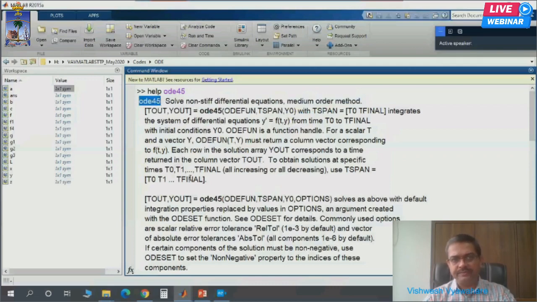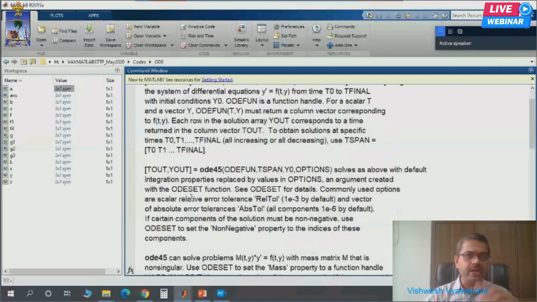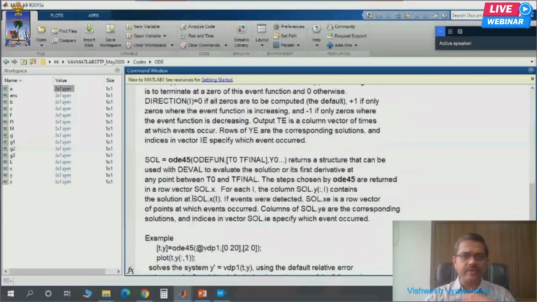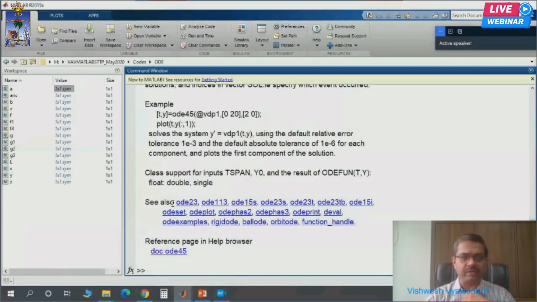What is the difference between a stiff and a non-stiff differential equation? A stiff differential equation is one for which a numerical method is difficult to converge, so numerically they are difficult to solve. ODE45 is suitable for non-stiff differential equations.